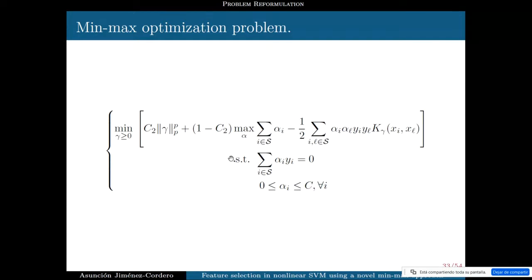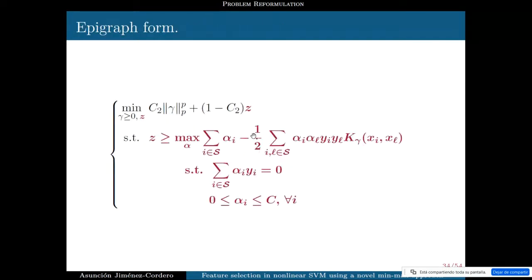So in the first one, we use the epigraph form, and we just define a new decision variable theta by putting it in the objective function, and say that this theta decision variable should be greater or equal than the dual of the SVM problem.